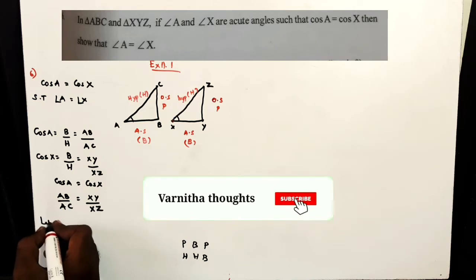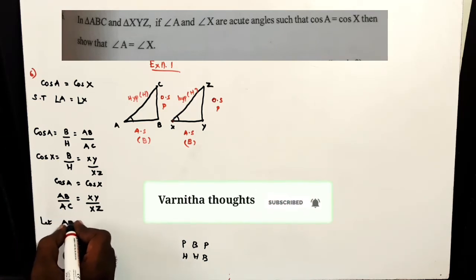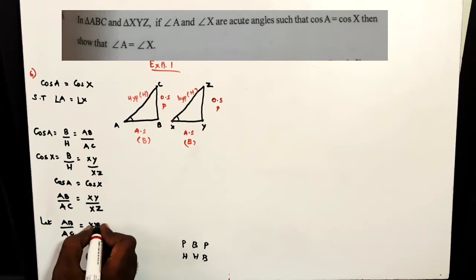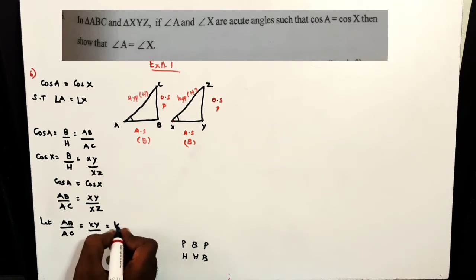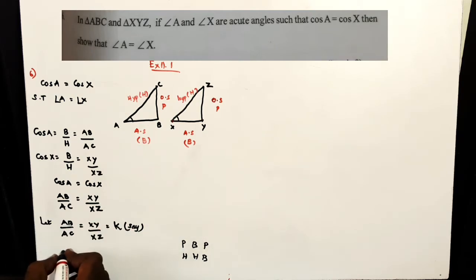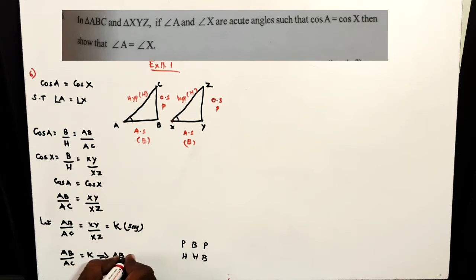We assume AB by AC is equal to XY by XZ, and we take it as a constant value k. For the first term, AB by AC is equal to k, then transposing, AB is equal to k into AC.